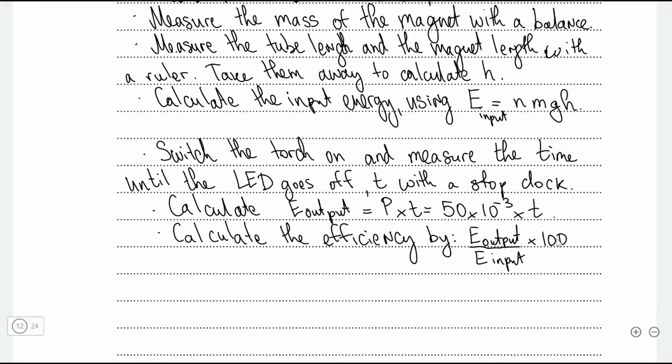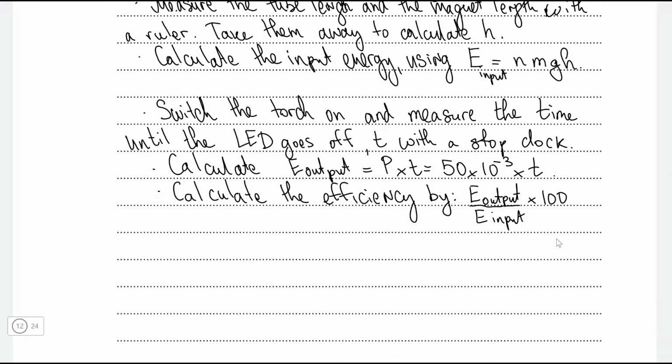One thing that I'm going to add here is that we should perform this experiment in a dark room, so I would just say to perform the time measurement in a dark room.